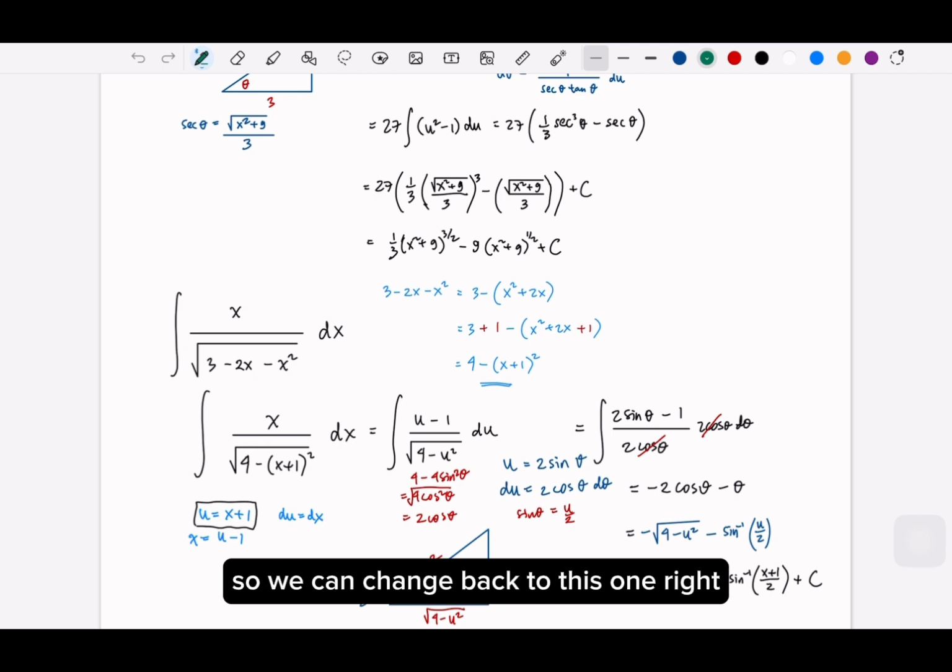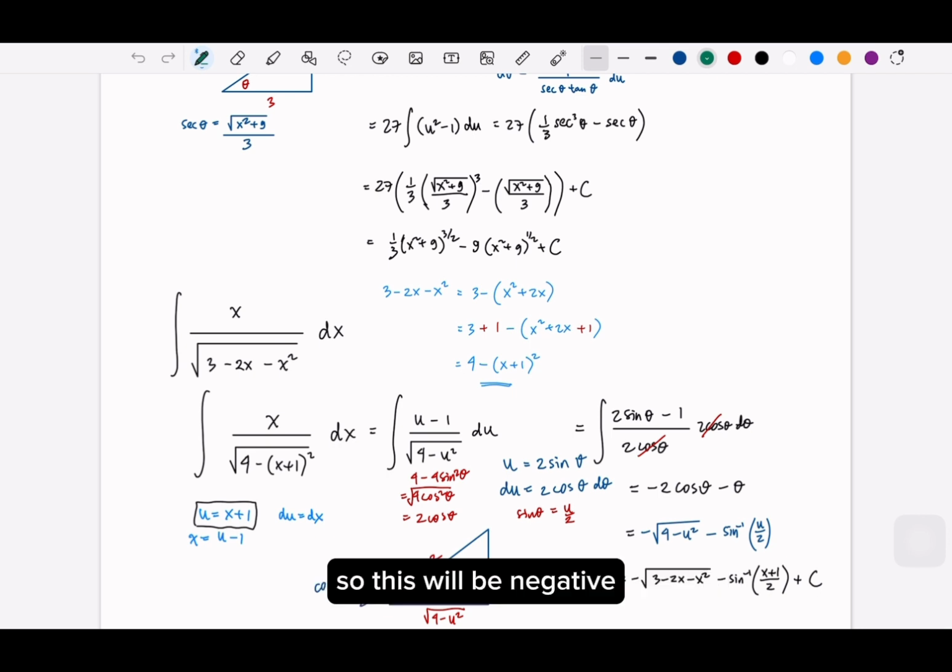So we can change back to this one, right? So this will be negative the square root of 3 minus 2x minus x squared, minus sine inverse of u, where u is x plus 1, so x plus 1 over 2. And then don't forget plus constant. Okay? Crazy, right? Trigonometric with steroids.